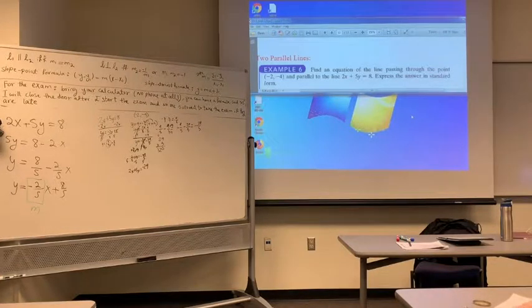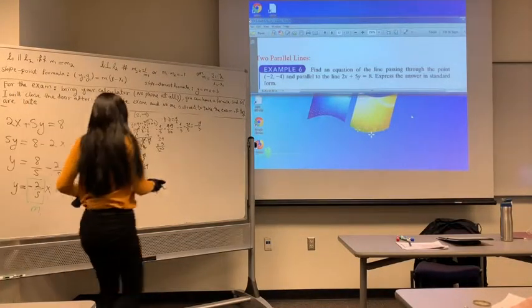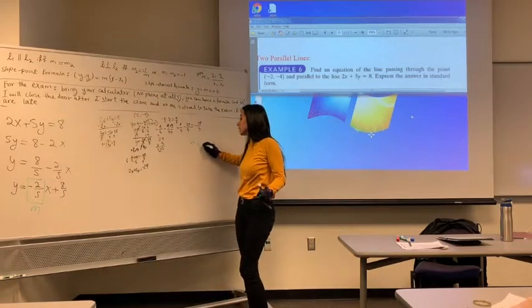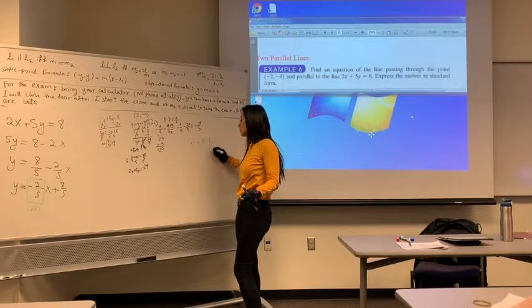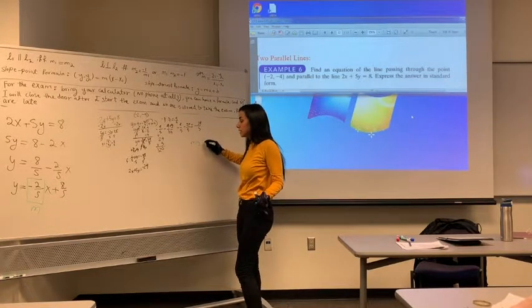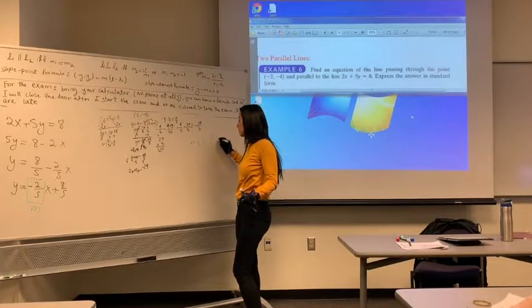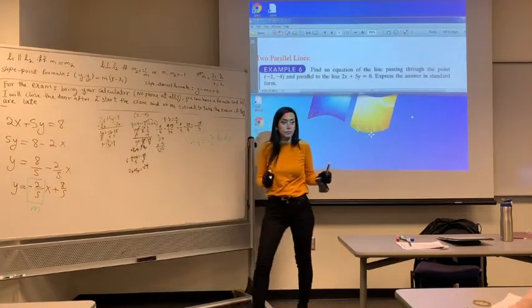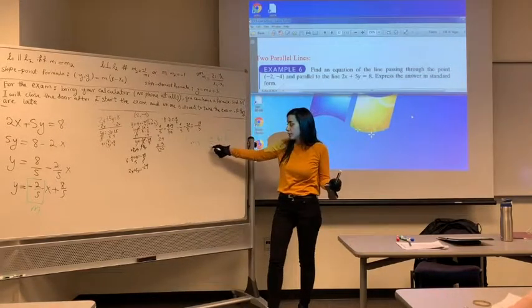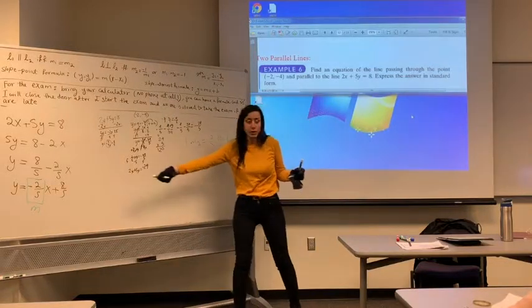This is M1, right? So if you want another line which is parallel to this one, the other line should have the same slope as this one, correct? So let's say M2 is for the second line. M2 is equal to negative 2 over 5. Why? Because we found M1 to be negative 2 over 5, correct?